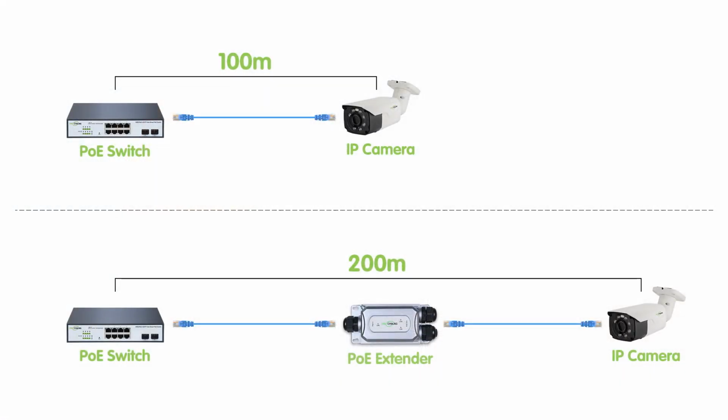So PoE extenders serve a crucial role in network setup by extending Power over Ethernet signals. Their primary function is to amplify the PoE signal, enabling the transmission of power and data over longer distances. PoE extenders find various applications, especially in scenarios where standard Ethernet cable links are insufficient.